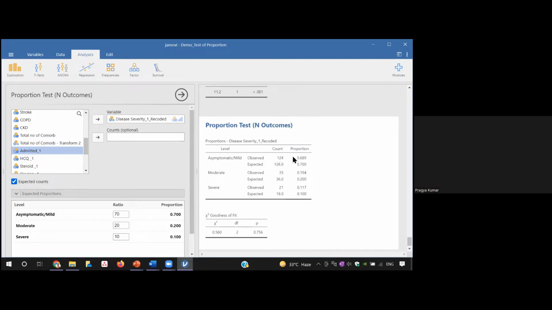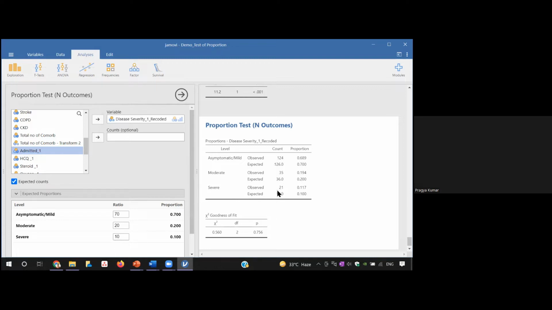So how do we work out the expected count? We calculate it on the basis of the proportions which have been entered here. If you take 70% of the total, this 126 will be the expected number. That means 70% of 180, 20% of 180, and 10% of 180.